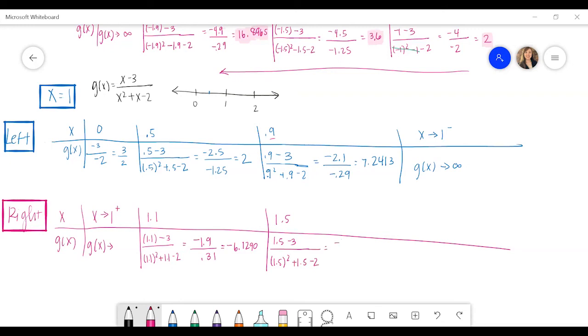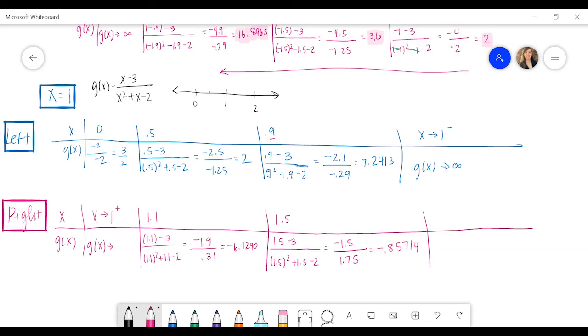So if we subtract, we get negative 1.5. My line is super not straight here. There we go. Divided by 1.5 squared is 2.25 plus 1.5 minus 2 gives us 1.75. And this gives us a negative 0.8574.